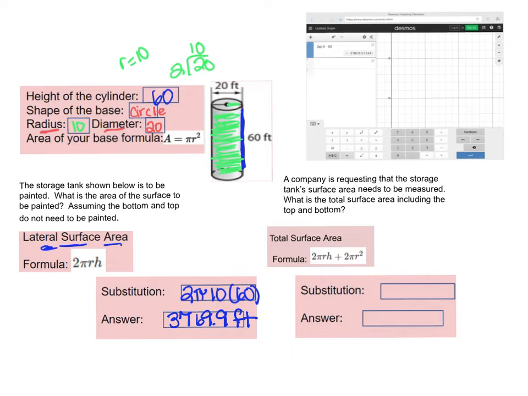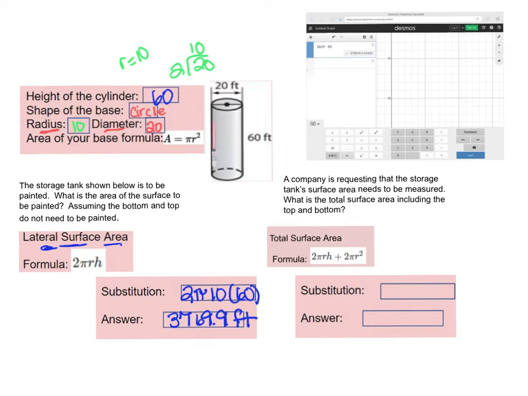All right, now let's compare this as if we wanted to do the total surface area. Let's look at a problem like that. We can use the same information. The total surface area would include both of my bases, wouldn't it? So now we're going to wrap the whole shape as if we were wrapping this in a little present.